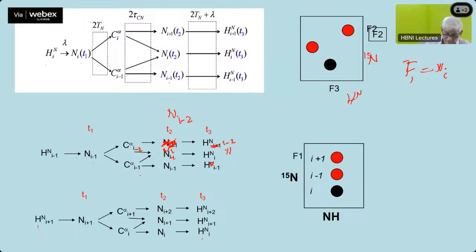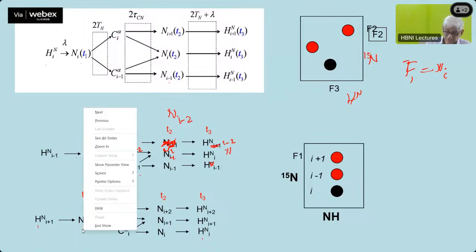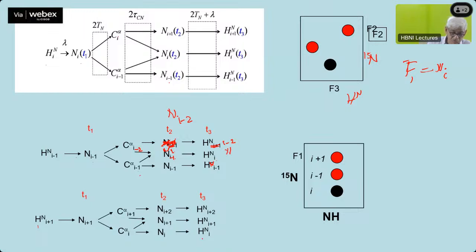HNi is appearing here, so it gives me Ni plus 1. HNi is appearing here, it gives me Ni minus 1. HNi is appearing here, it gives me Ni. Therefore, at a particular HNi, I see the N15 of i minus 1 and i plus 1.